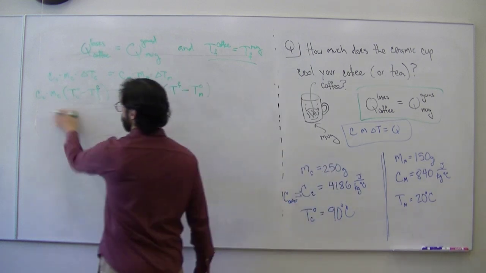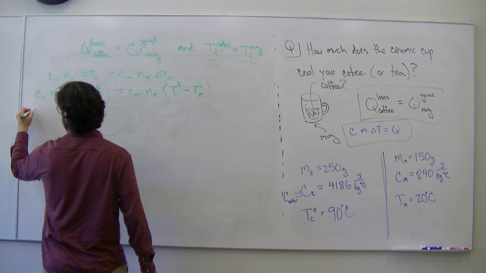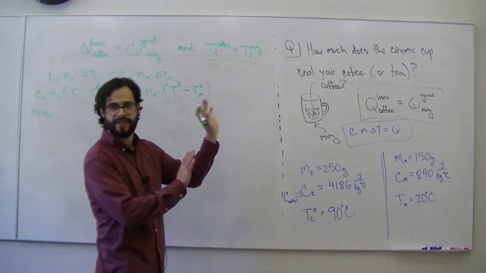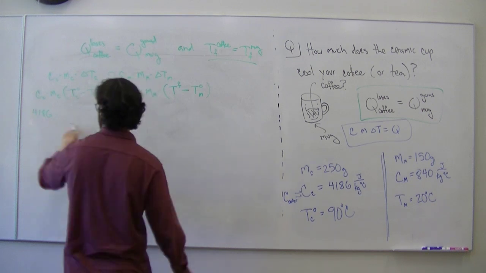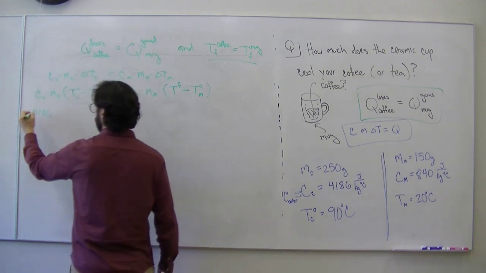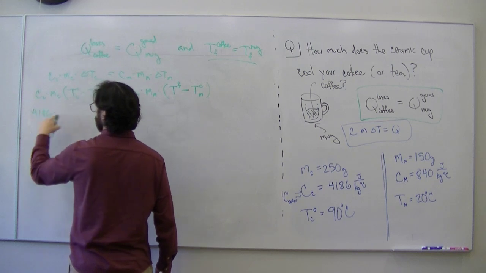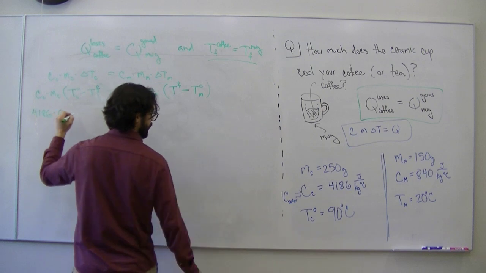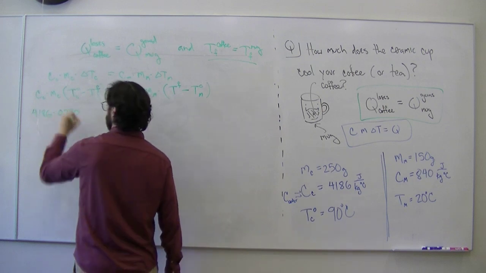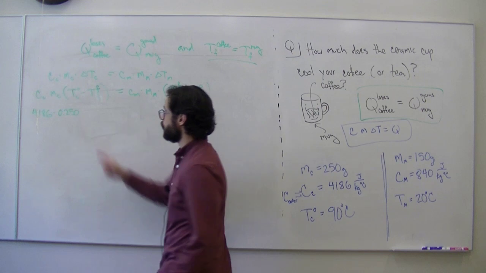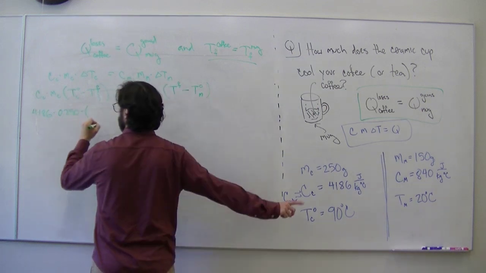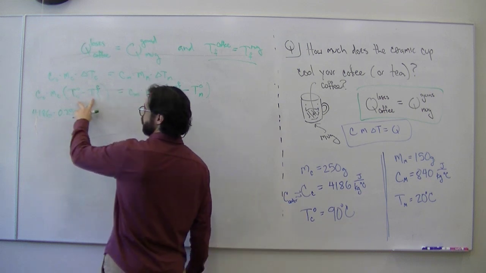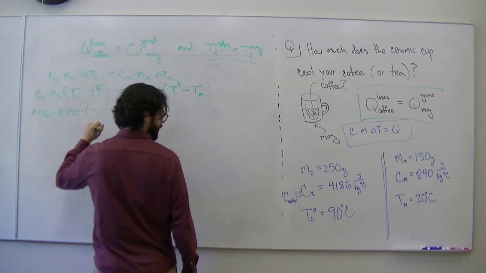And then I can start dumping in numbers. So we have C coffee, about, I did everything in SI. So I'm going to take professor privilege and just drop units, saying they're all SI units. So 4186, mass of the coffee 0.250, got to put the masses into SI units. And then delta T, because it's a delta, Celsius or Kelvin are the same, so that really is SI units.